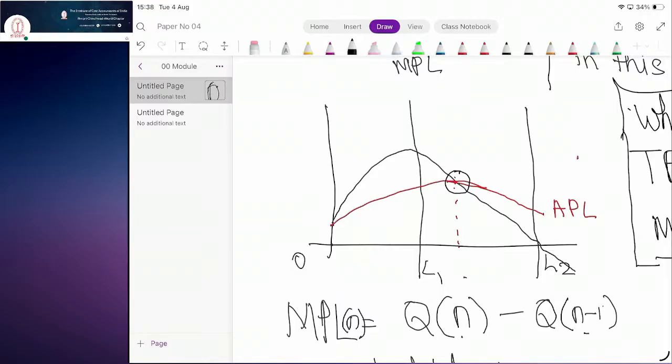AFC and LAC we will do in the next lecture. Okay, capital that is consumed by an economy or a firm in the production process is known as.